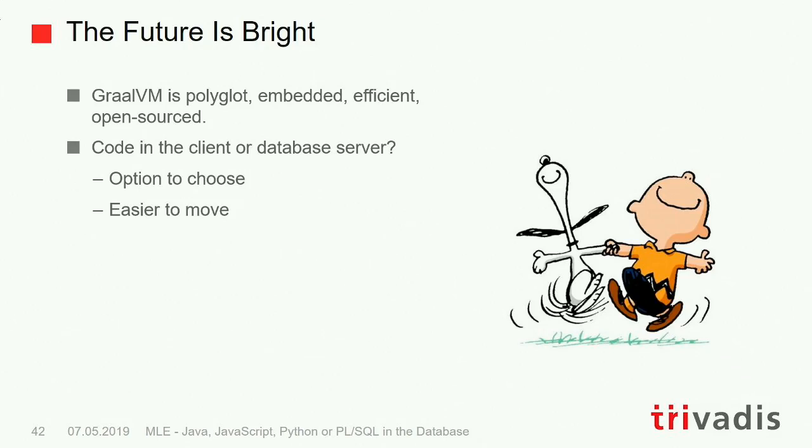It becomes difficult in the middle gray area, where we have to design and think about it: it has some advantages if I run it on the client side, and some advantages if it runs on the database side. Then you decide, and maybe later you come back to your decision and move it to the database if you really expect better performance. Or during development you may try one thing and the other, because the languages are supported in the database. You don't do it if you have to rewrite the stuff.